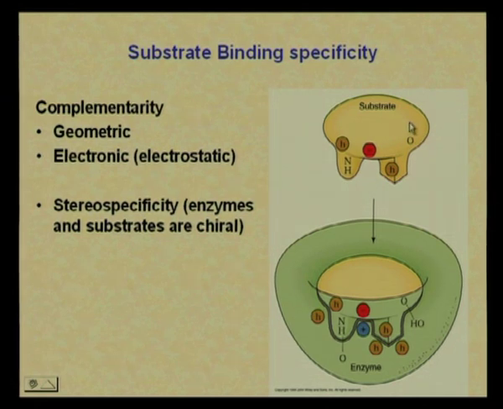So, if we have a substrate that looks like this and we have a particular enzyme that looks like this. This H means it is hydrophobic in nature. The NH means that it has an amine group to it. A minus means it has a negative charge to it. Then we are going to have another hydrophobic group and an oxygen, say here.